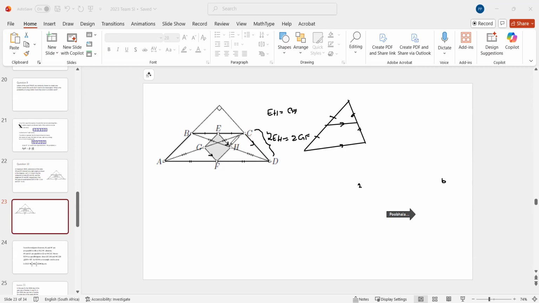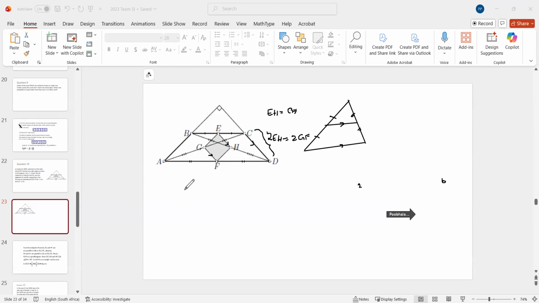So this line here is equal to this, but it's also parallel because both these lines are parallel to this line here. So it means that they must be parallel to each other. So you got a quadrilateral where the opposite sides are equal and parallel. Now, there is a theorem in geometry which says that if any quadrilateral has opposite sides that are equal and parallel, then that quadrilateral is forced to be a parallelogram.